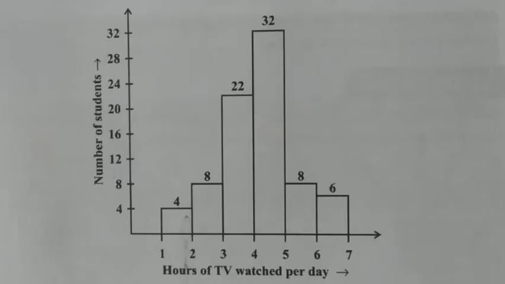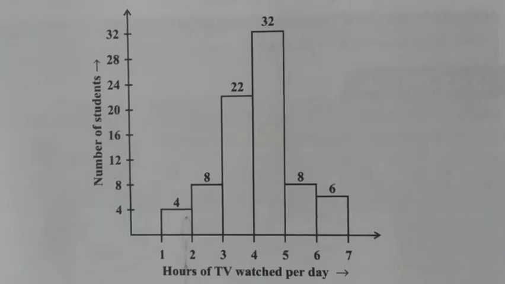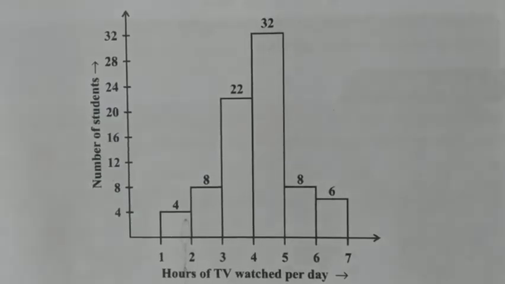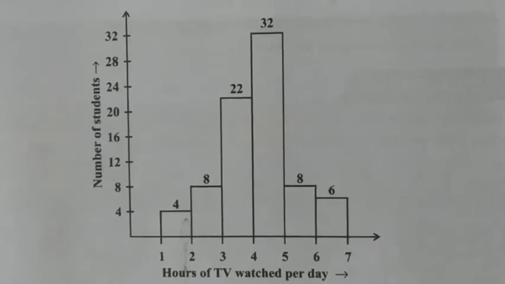See children, the fifth question is like this. The number of hours for which students of a particular class watched television daily during holidays is shown through the given graph. Answer the following questions by seeing this histogram.